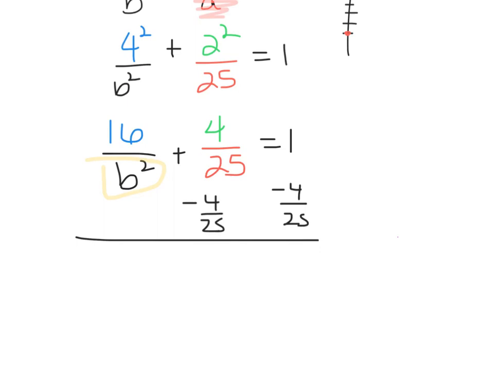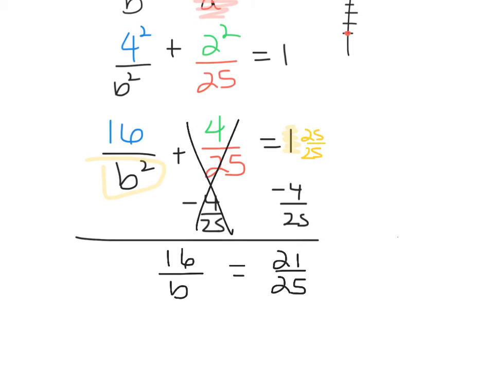I'm going to change this whole number 1 and make it 25 over 25, so I can subtract. So I get 21 over 25 equals 16 over b squared.